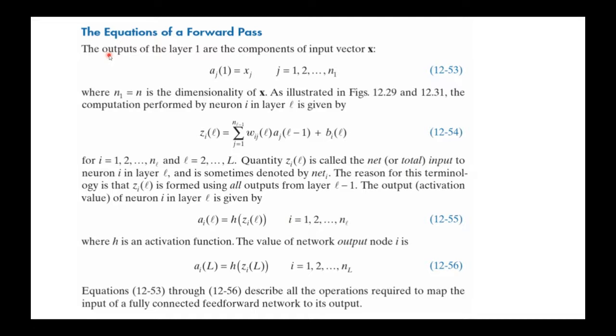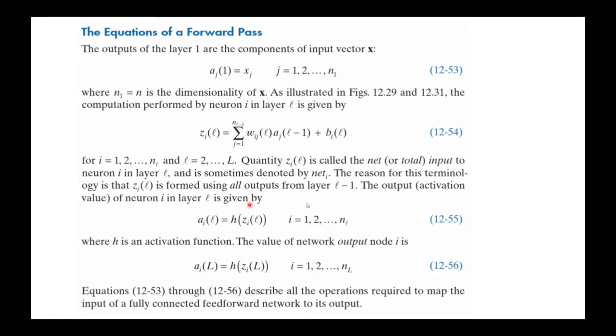So let's see the equations for the forward pass. The outputs of layer 1 are the components of the input vector. As I said, that's your pattern vector, the pattern that you want to classify. Then the computation performed by neuron i in layer l is the sum of products of the values with the weights, plus the bias. The quantity z is called the net or total input to neuron i in layer l, and sometimes denoted by net i.